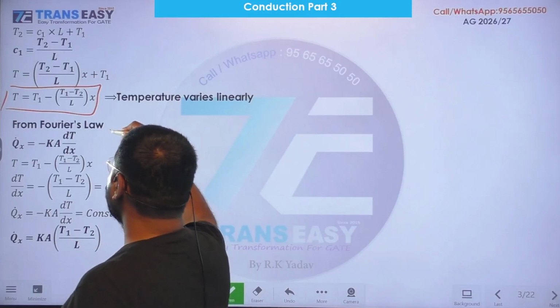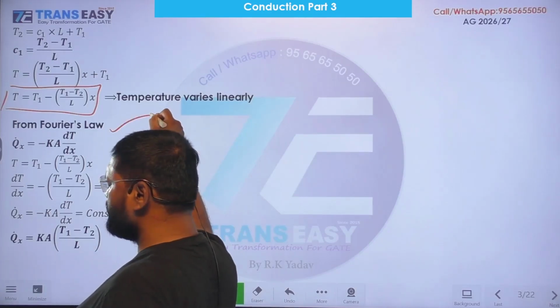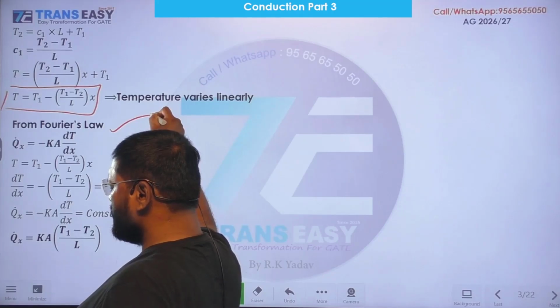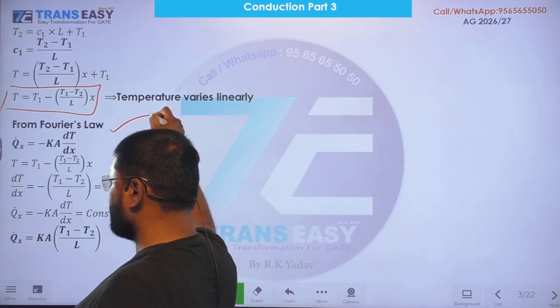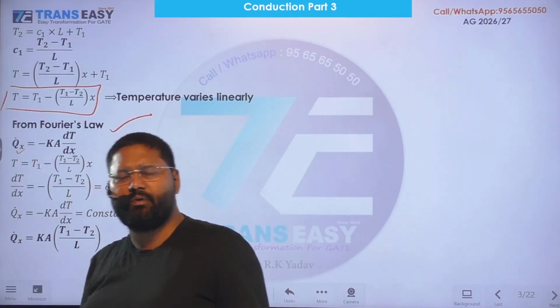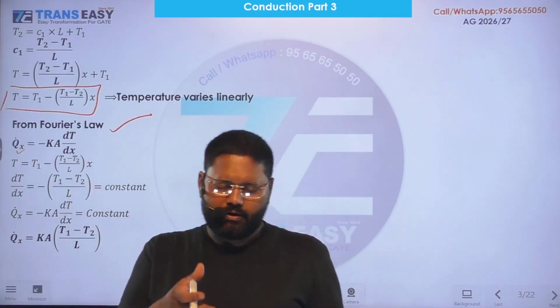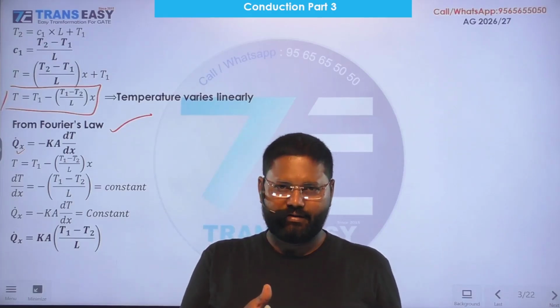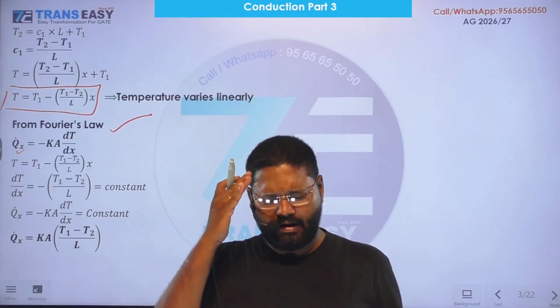From Fourier's law of heat conduction, conduction heat transfer rate Q dot X. This symbol is showing heat transfer rate through any plane at a distance x from the origin.